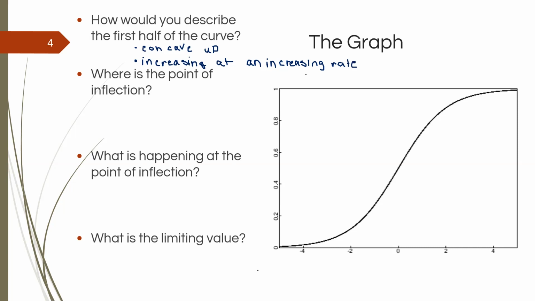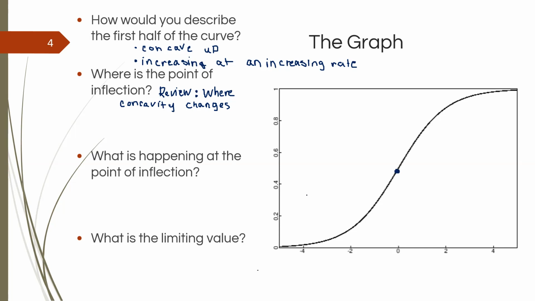Next question we're asked is, where is the point of inflection? So in way of review, the point of inflection is where the concavity changes. So in this graph, it appears that the concavity changes approximately here.